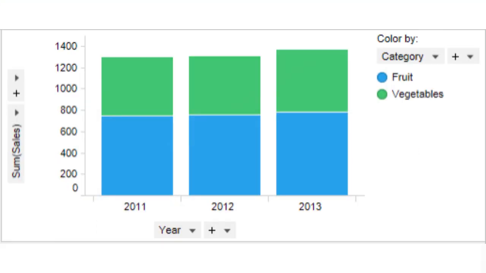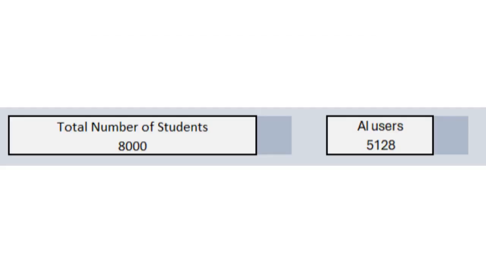However, a 100% stacked bar chart has one drawback. Let's say the ones who don't use AI are only 10 users, whereas the ones who do are 11,000. Would that be a fair comparison? No, right? But look here. It's around 5,000 to 3,000 if we go by rough values.